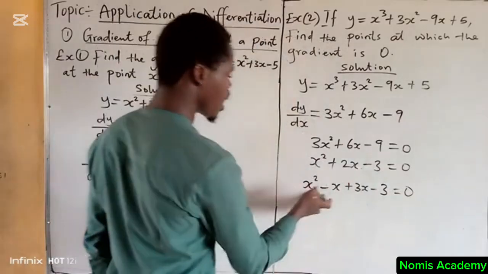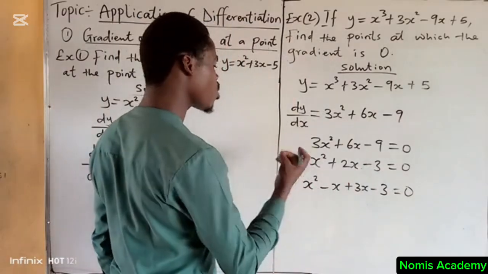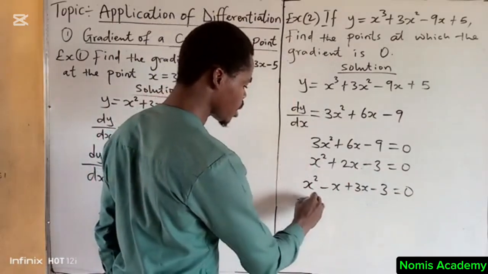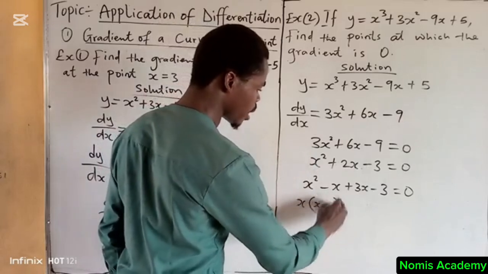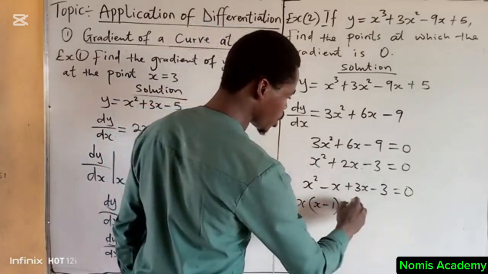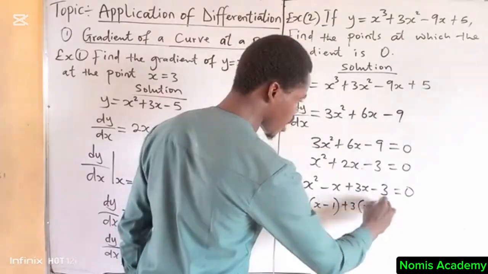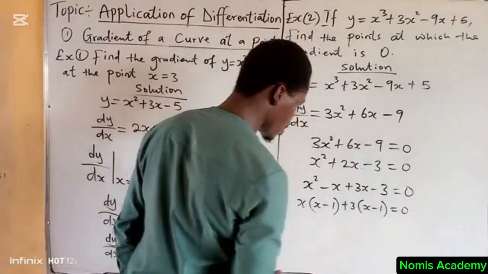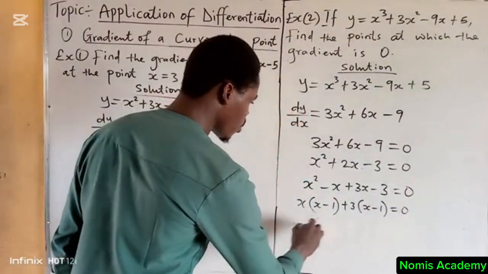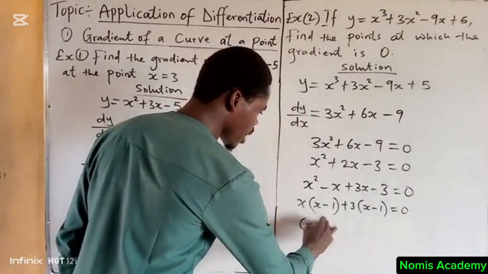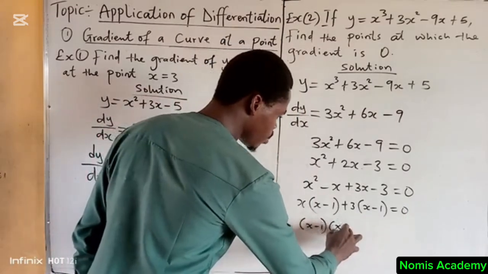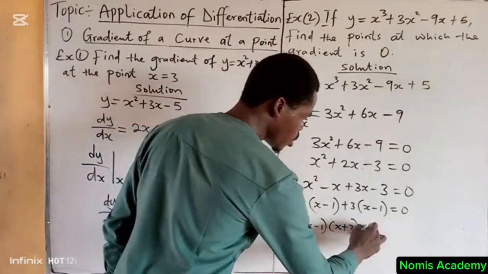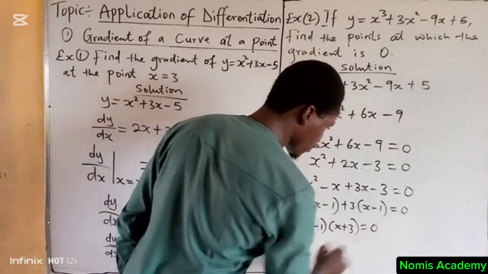Now to go further, pick the first 2 terms and factor out what is common. We have x into x minus 1, and then here we have plus 3 into x minus 1 equal to 0. So at this point, we pick what is common: x minus 1 and x plus 3 equal to 0.